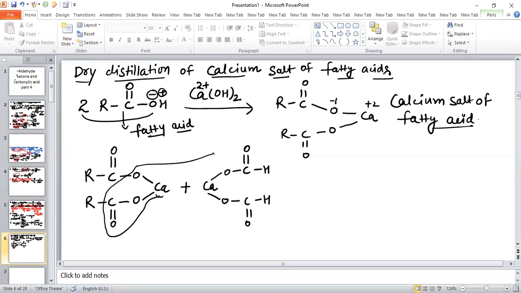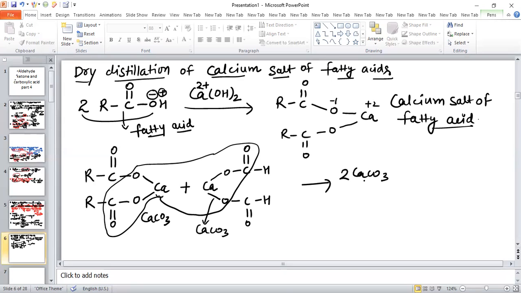So this will be removed in this way, another CaCO3. If you count calcium, carbon, and 3 oxygen, calcium carbonate comes from this and also from this. So calcium carbonate is removed, and how many moles? 2 moles of calcium carbonate are removed.